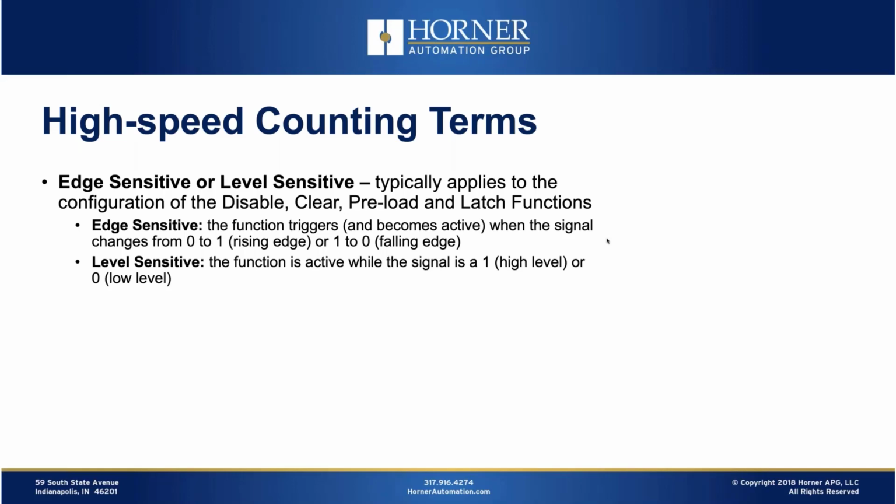So if your function that you're configuring, you only want the trigger to occur on either the rising edge of the pulse or the falling edge of the pulse, then you would configure an edge sensitive configuration for that function. A level sensitive configuration means that that function will be active the entire time the signal is on or off, depending on how you've configured it. So it doesn't care necessarily about the leading or falling edge. It cares about whether the signal is a 1 or a 0. So those are important things to keep in mind when you're configuring the high-speed counter to get the results that you want.